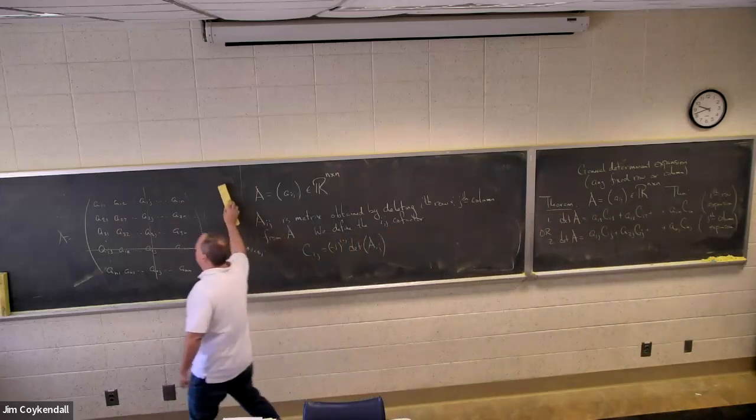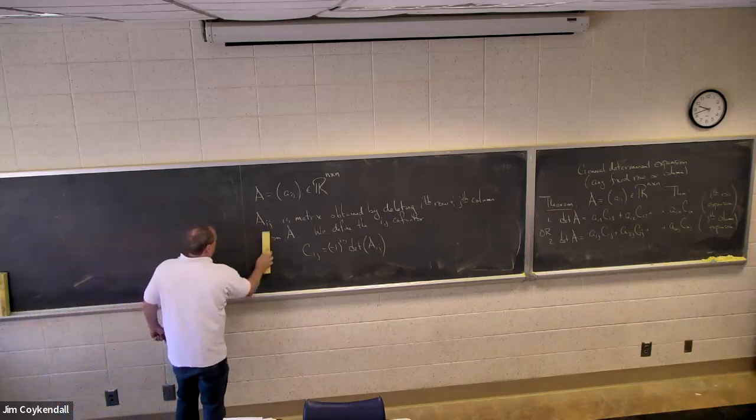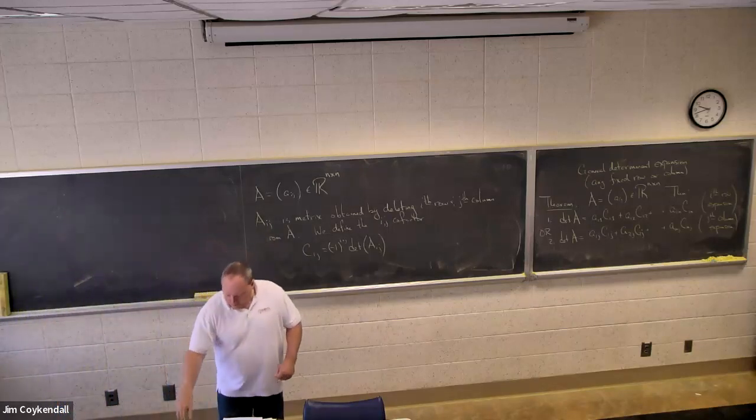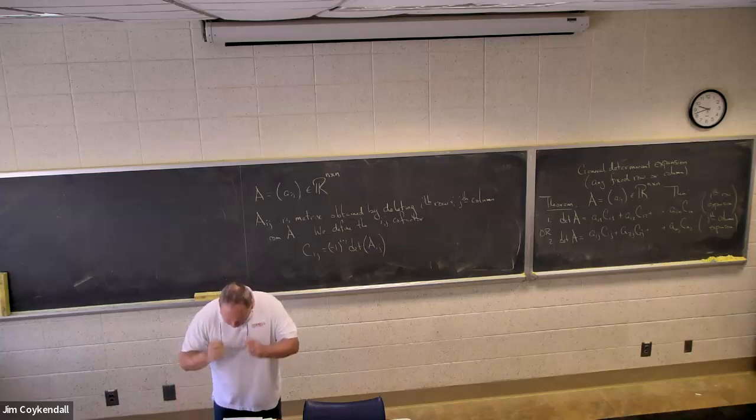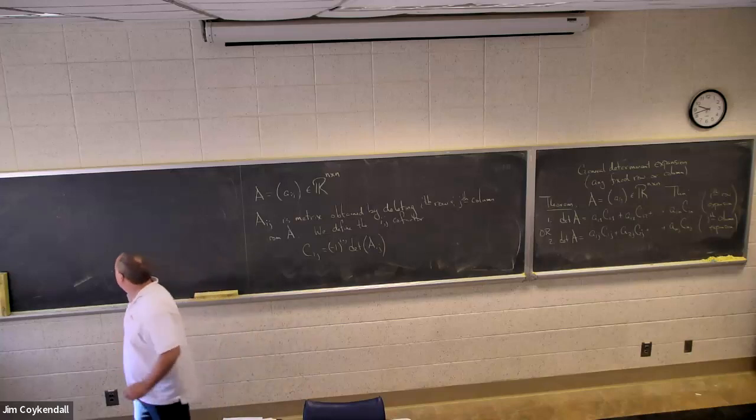So here's an example. Let me give you a practical example of where you might want to throw this column expansion at it. So suppose we had to do the following problem.